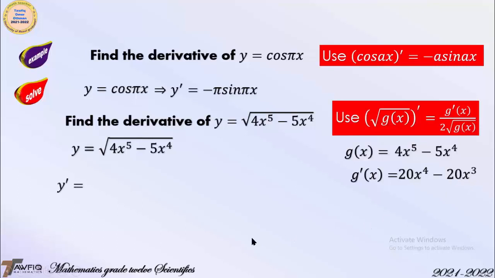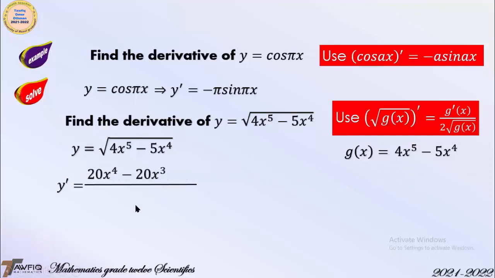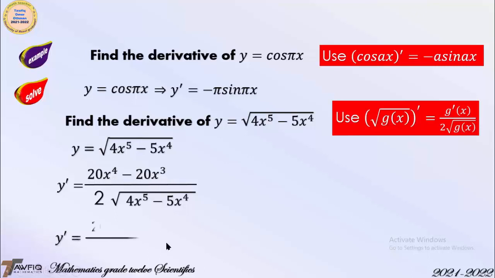And now the derivative of y is equal. Write the line, then at the numerator write the derivative, then write 2 times square root of the function, 4x to the power 5 minus 5x to the power 4. And now, as you know, we have here a common factor, which is 20x cubed.